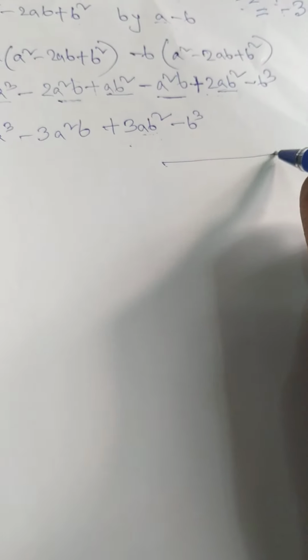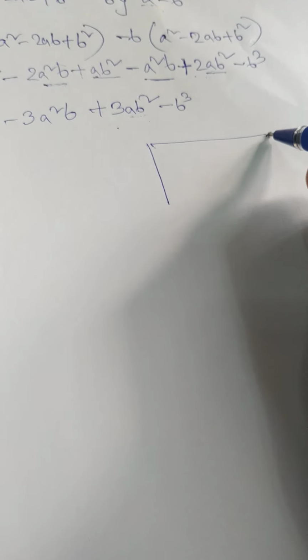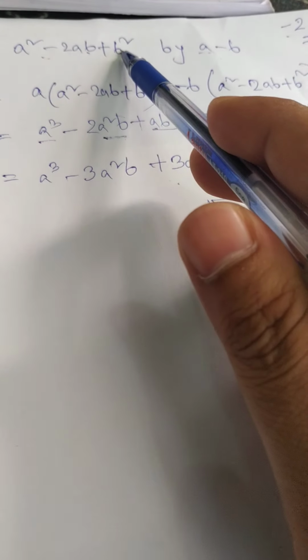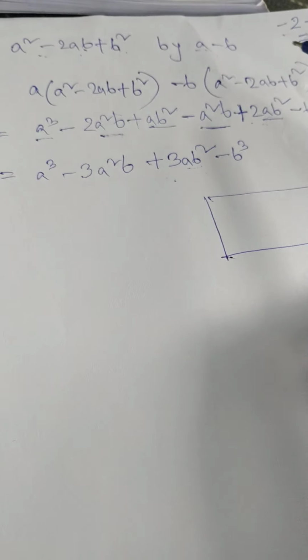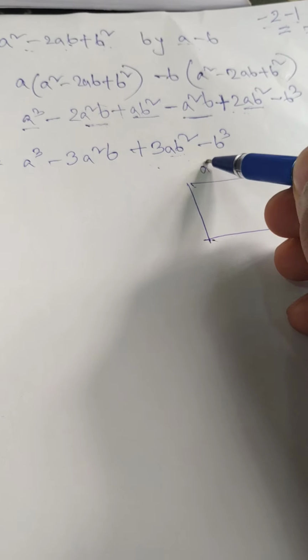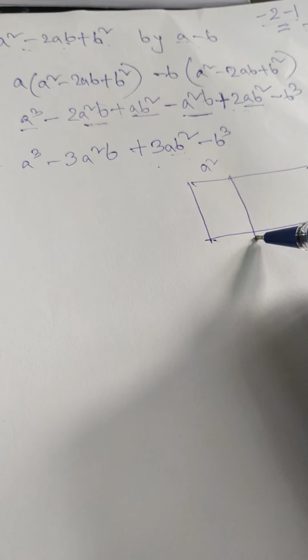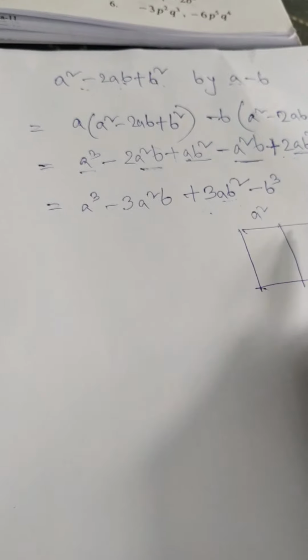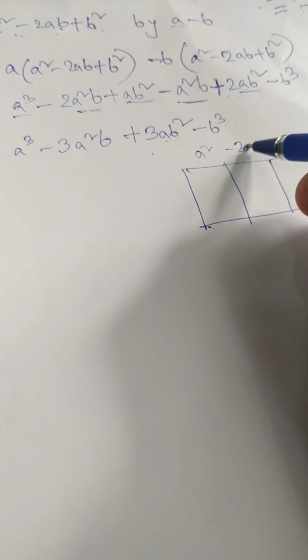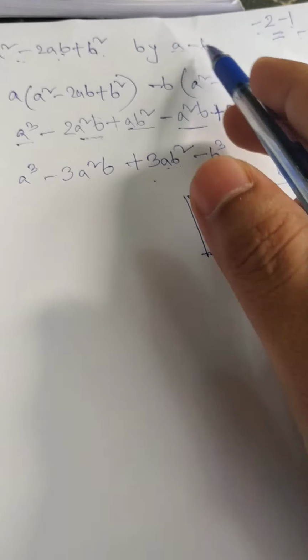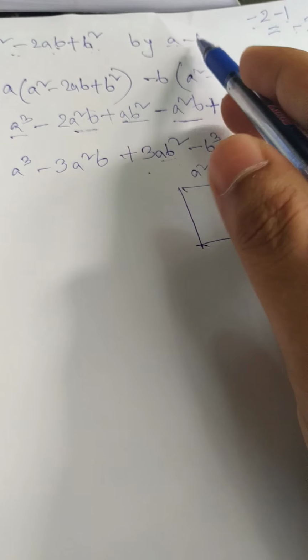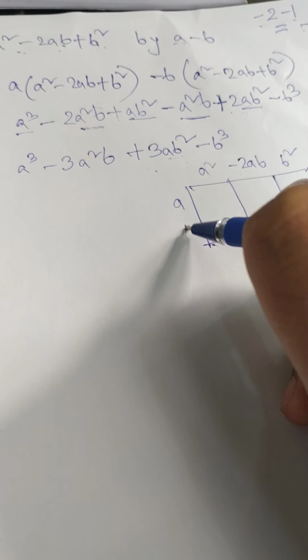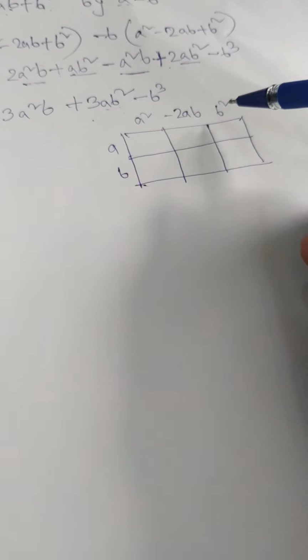So this can also be done using the checkerboard method. I'll just give an example. You see over here there are three terms, 1, 2 and 3. So we need to make 3 columns for this: a square, then minus 2ab, then b square. And here there are two terms, so here we write a and minus b. So this is how you need to draw the checkerboard.